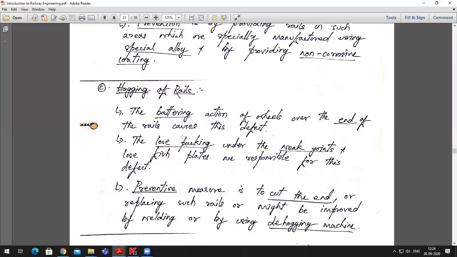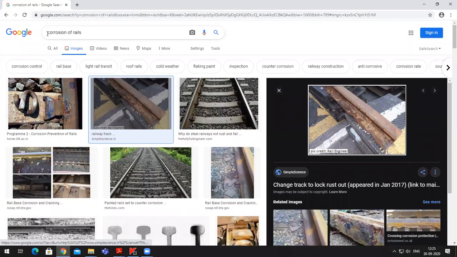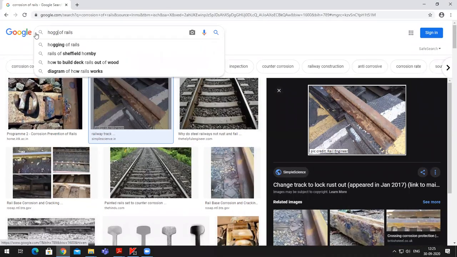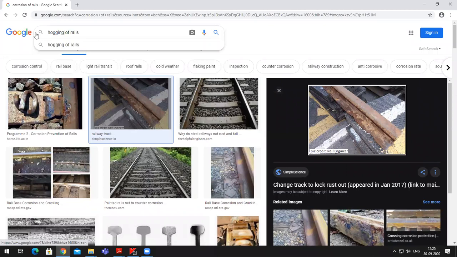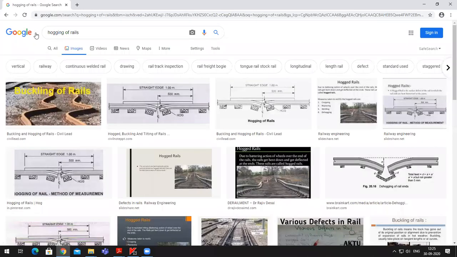Next is the third defect we need to study, which is hogging of rail. I'll show you how the hogging of rail would look like. See, this is how it would be.